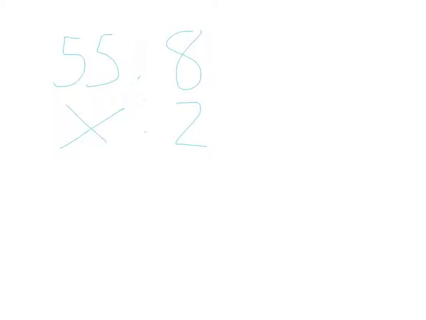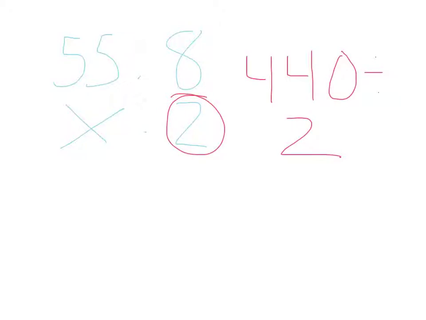After we've multiplied 55 by 8, we take the number that we have, which should be 440, and then we divide it by 2. Guess what? We have found our x.